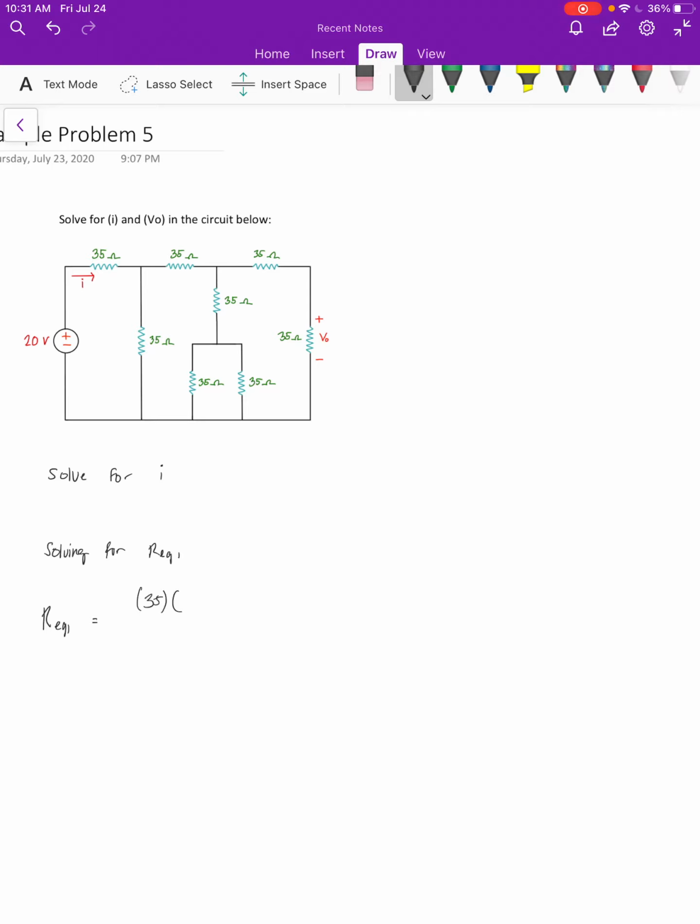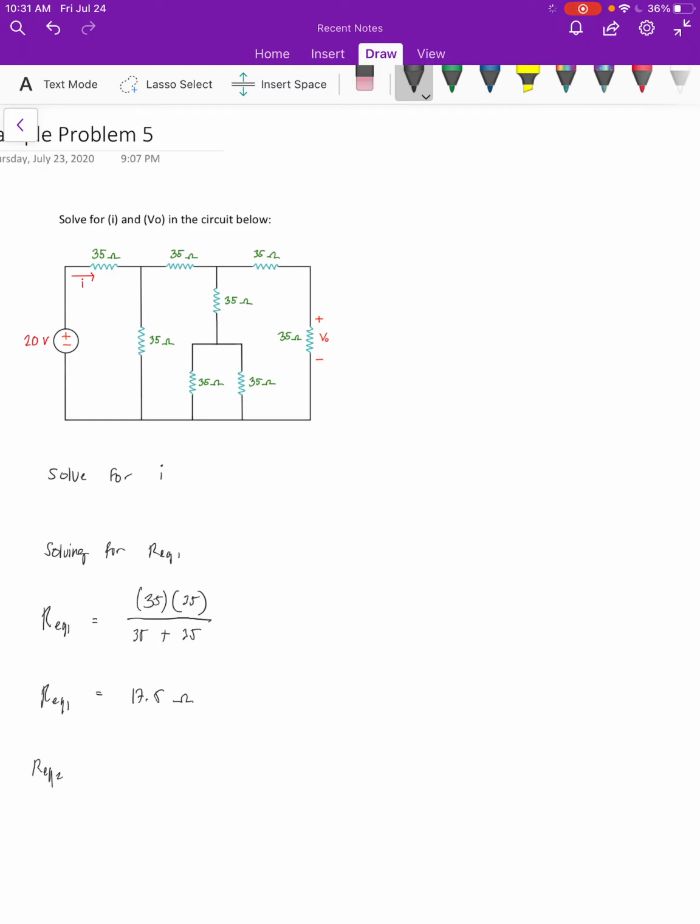So we have R1 R2 over R1 plus R2. So 35 times 35 over 35 plus 35. REQ1 would then be 17.5 ohms.